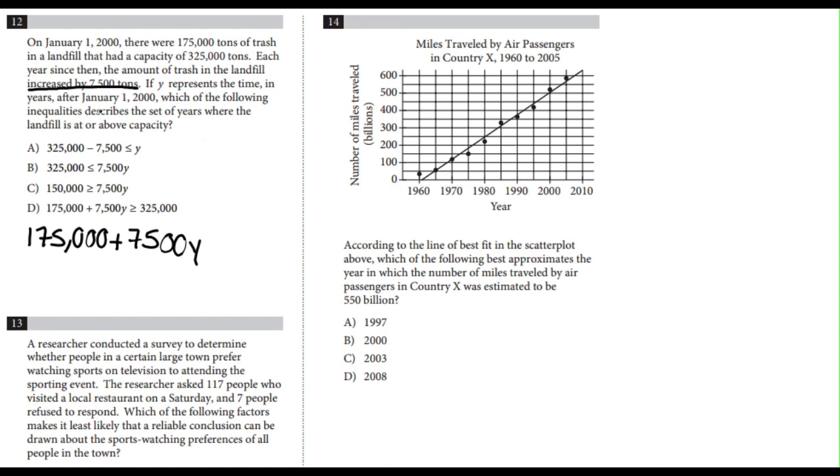Now we're finding the inequality that describes the set of years where the landfill is at or above capacity. So we're looking for this expression to be greater than or equal to the capacity that they gave us, which is 325,000. And if you look at our answer choices, this is answer choice D.